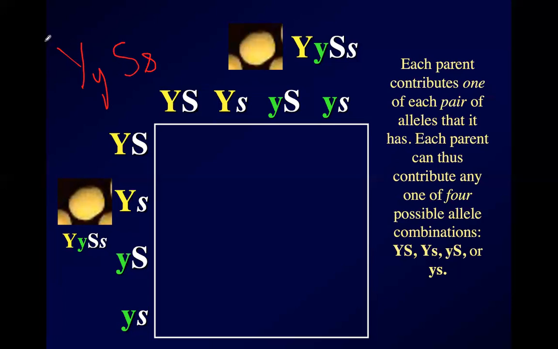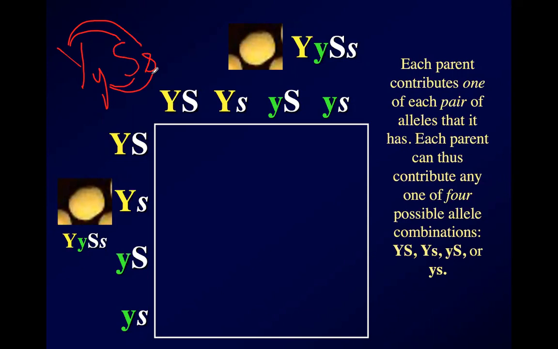A plant that's got this combination of alleles, any given egg or sperm that it makes might pass on the first of each pair, or the outers of each pair, or the inners of each pair, or the last of each pair. Does anybody remember FOIL from 8th grade algebra, right?